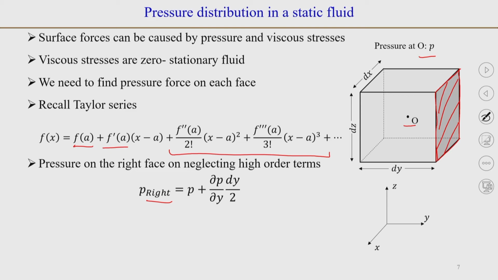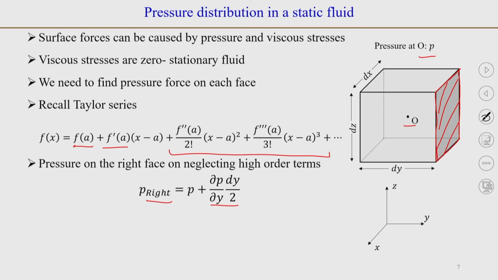So, if we are considering a linear variation of pressure, then we will see, because we are considering only the first order term, that even if we consider the variation of pressure on this surface in the x direction or in the z direction, then the terms will cancel out.